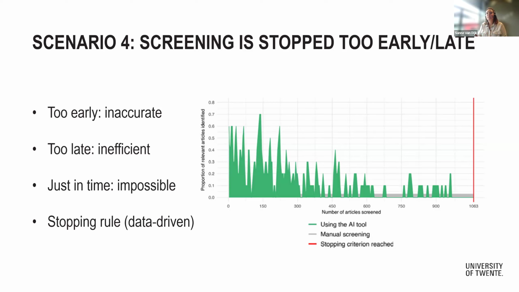So you would assume that it's going to perform better and better over time. And if it keeps pushing forward irrelevant articles to you, then at a certain point you can conclude, okay, probably there's nothing left anymore. So you would do that after a consecutive number of irrelevant records. Yeah, so that's the fourth recommendation.